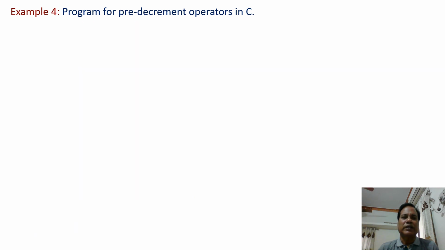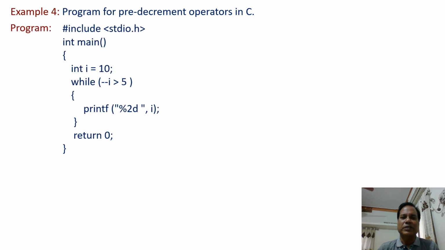If we consider another example, then in this example we discuss the pre-decrement operator in C. Now let us consider this code and try to understand what would be the output of this code.